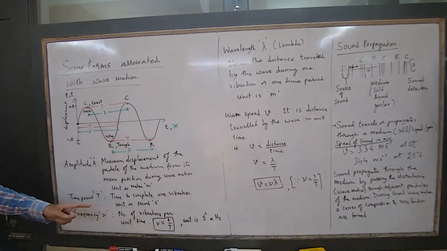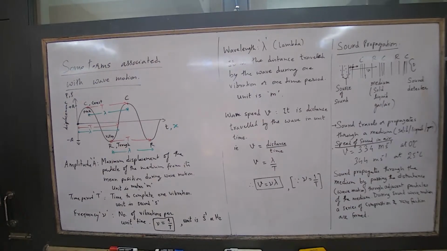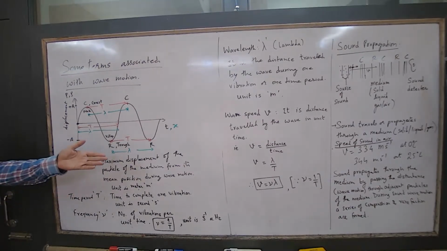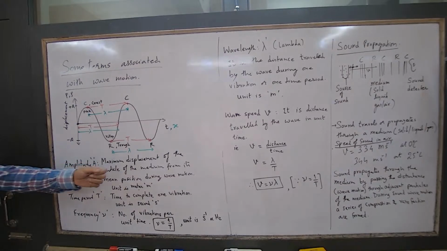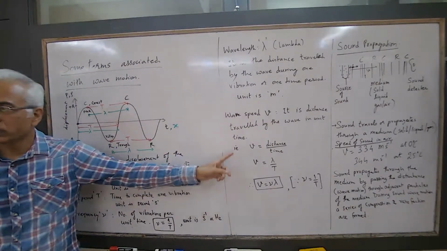Okay? So the speed of a wave is given as the product of its frequency and wavelength. So sometimes you may be asked to derive this formula. You can get it in 3 steps.